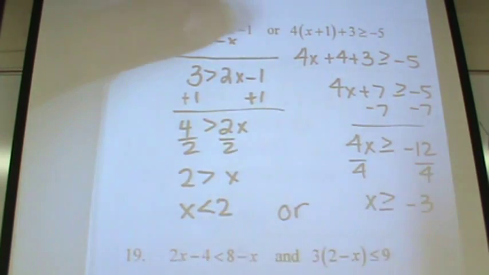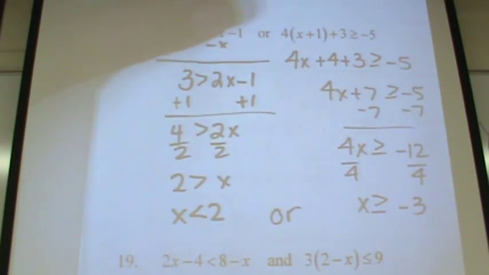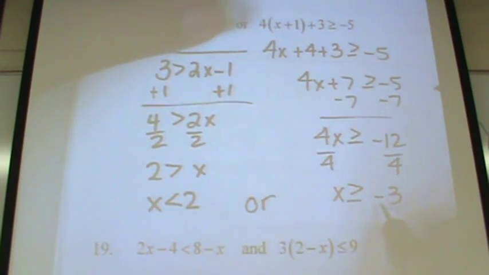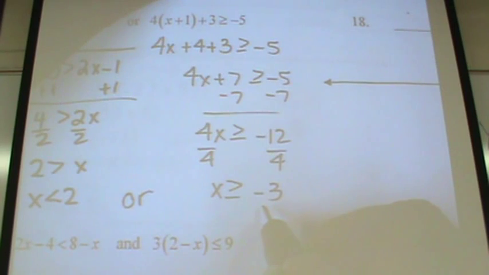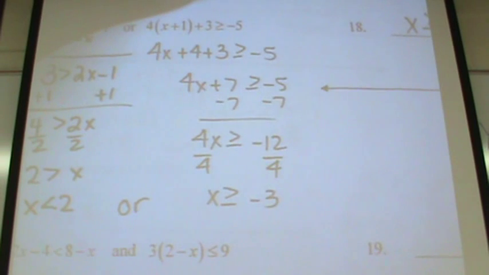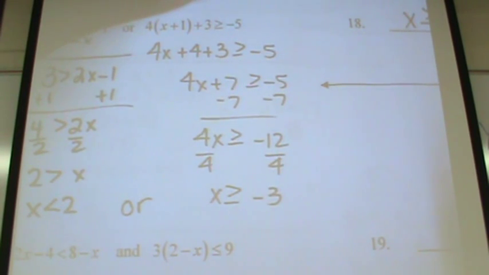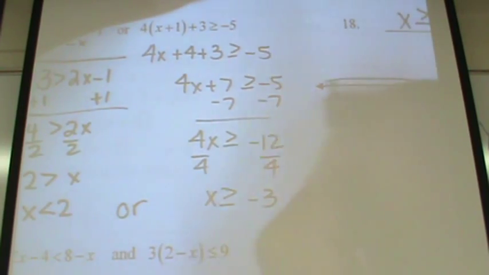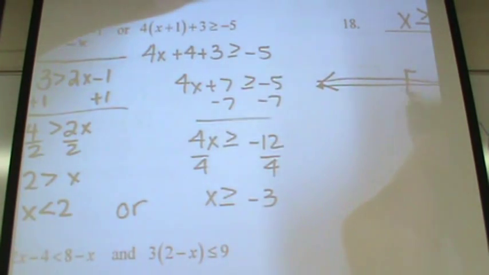This is an or, so where are all the numbers? I'm going to write this down. This should be if x is greater than or equal to negative 3, or x is less than 2. Let's graph this and see what it looks like. Here's a 2, parenthesis, and you're going to shade this way, and negative 3, and you're going to shade that way.